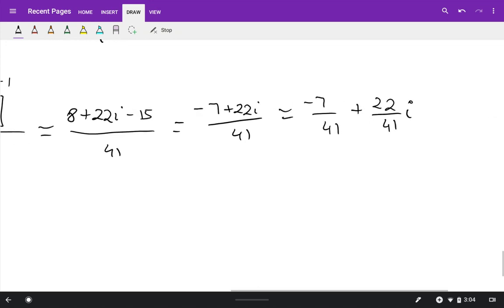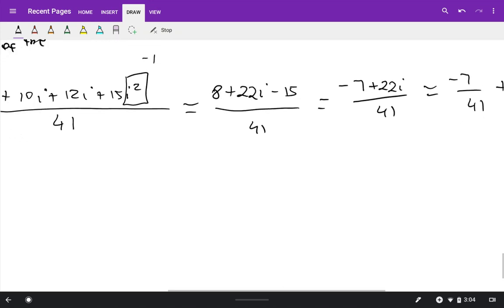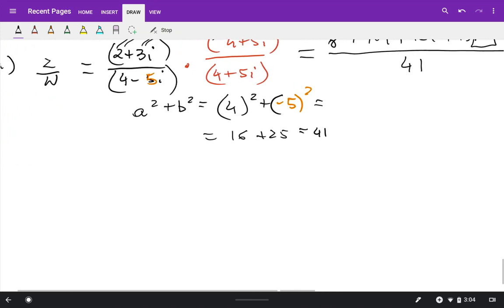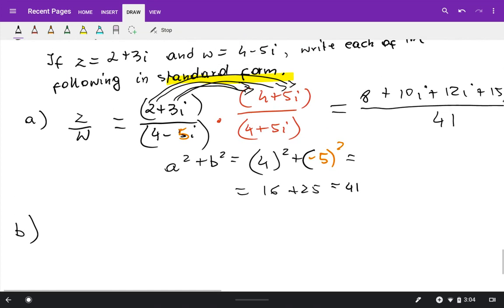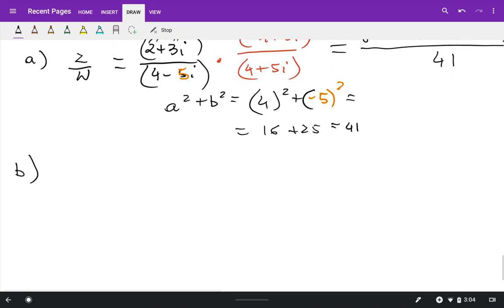And I'll just do one more, going back to this problem. So b, we're going to use the same information that z is equal to 2 plus 3i, and w is equal to 4 minus 5i. And in b, what I want you to do is add two complex numbers and then take the conjugate.